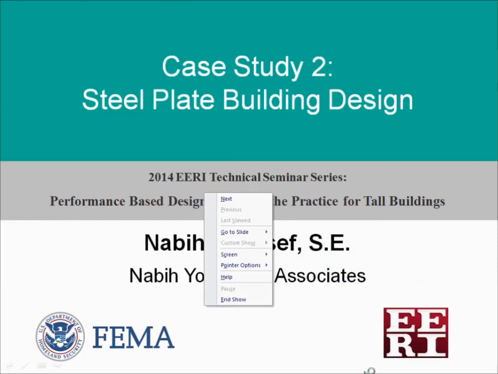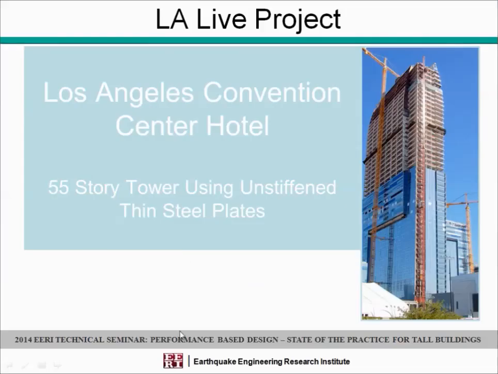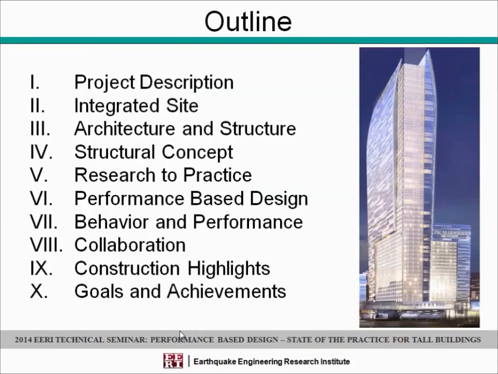The project I'm presenting to you this afternoon is the Los Angeles Convention Center tower. It's a 55-story building, and the final system used is the end-stiffened steel plate. It really came out of an evolution of design, and I'll go through that quickly.